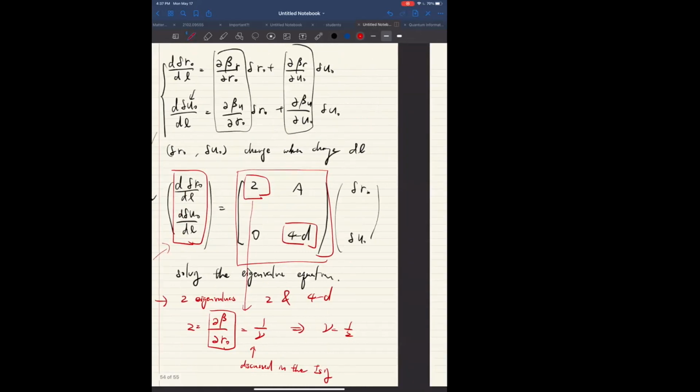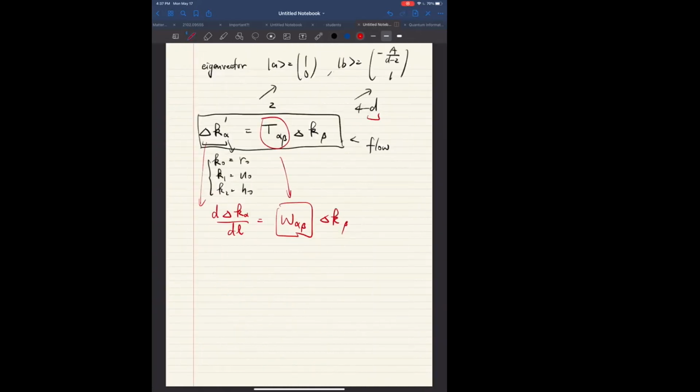So we can translate this, and get the T, which is the flow equation we want to know. At this point, this is the change of the difference of K, which after an RG step is denoted by delta K prime alpha.